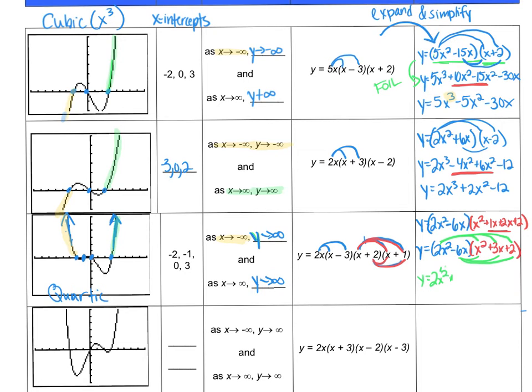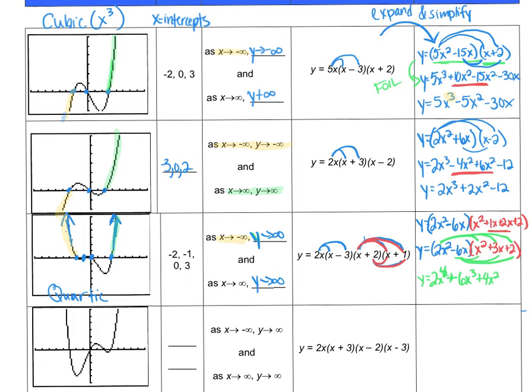This has to have a 4 on it. And then 2x squared times 3x is going to be 6x to the power of 3. And then 2x squared times 2 is going to be 4x squared. Then we have our negative 6x here. We're going to multiply that by everything in the other bracket.